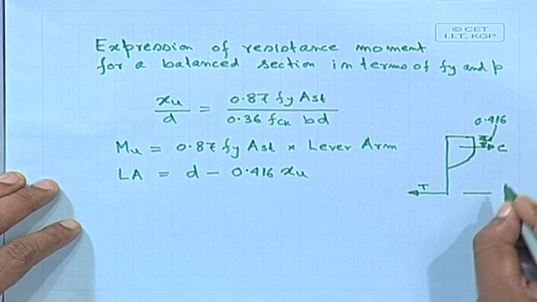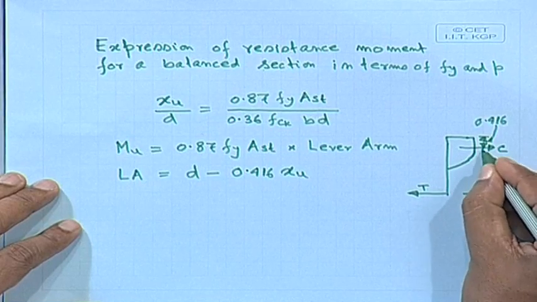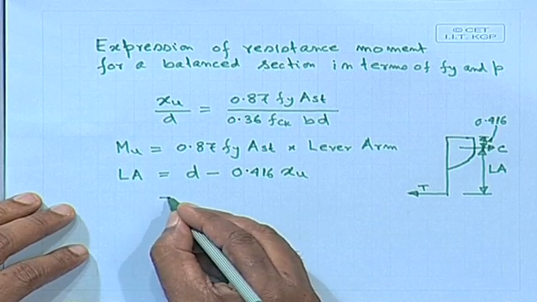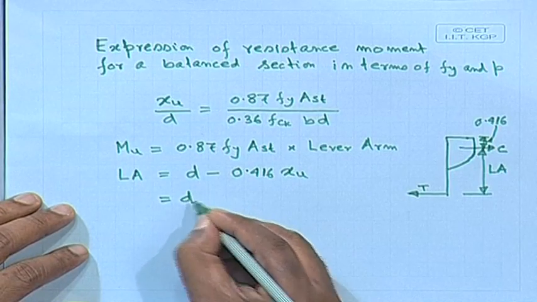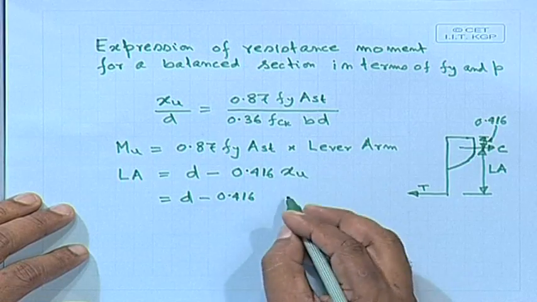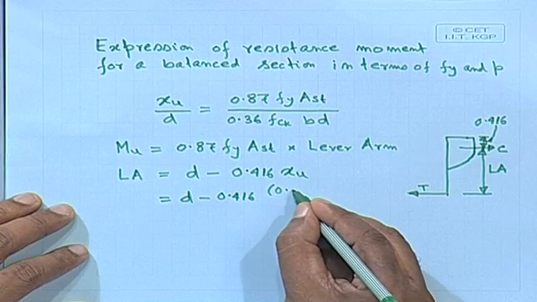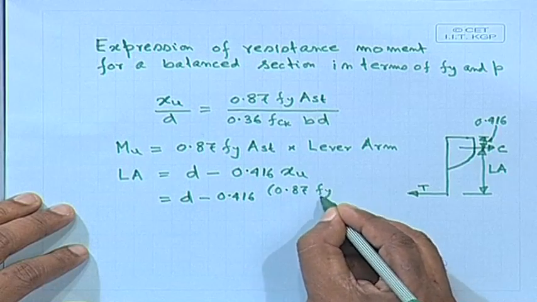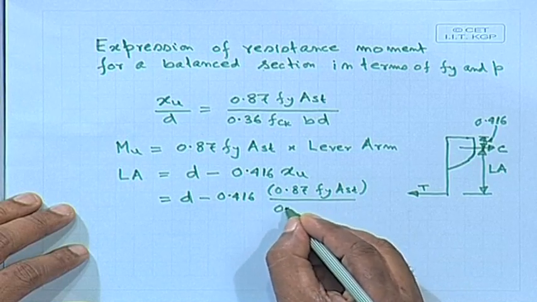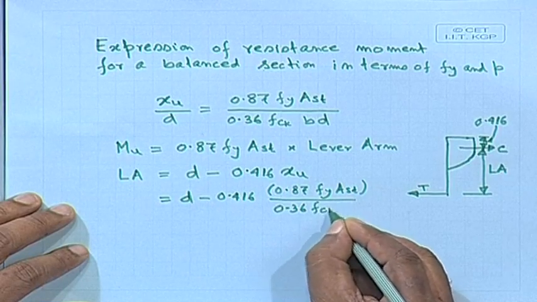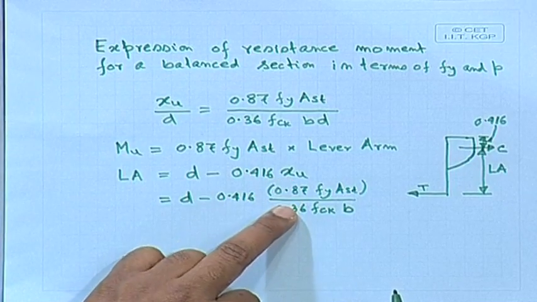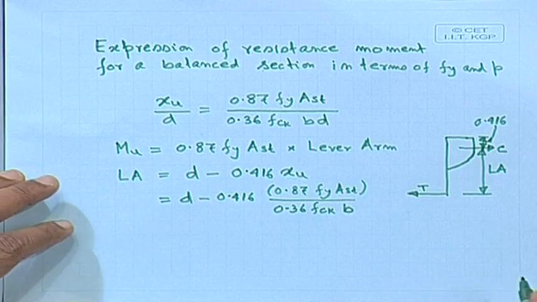And this is your lever arm, equal to D minus 0.416 times 0.87 FY AST divided by 0.36 FCK times B. We are getting this XU, we are putting it here and we can find out the lever arm.